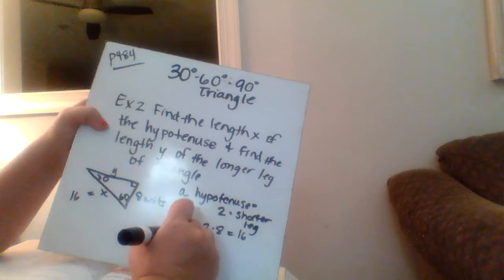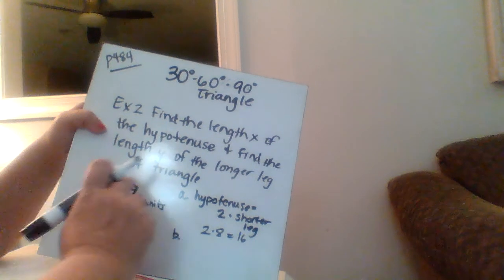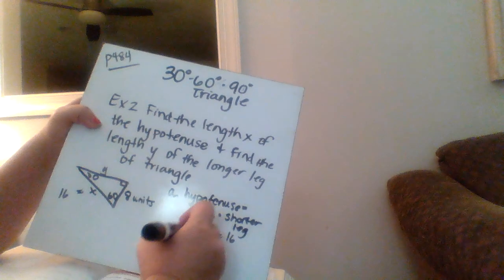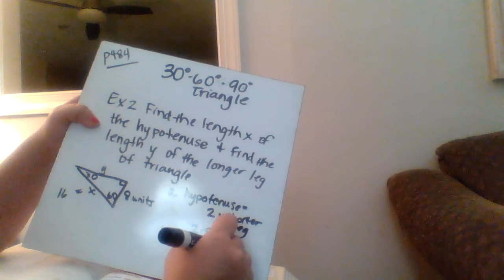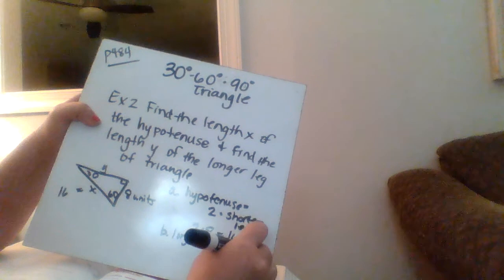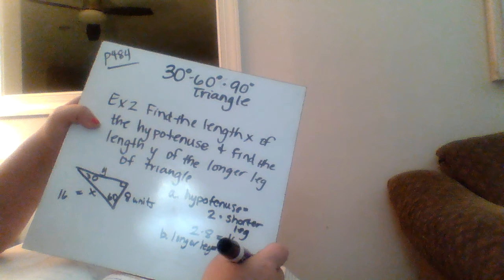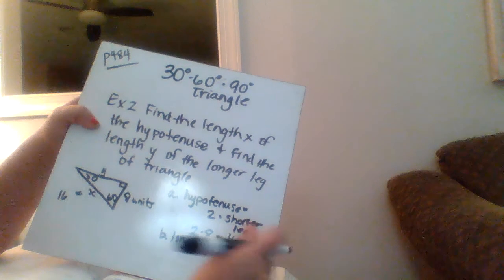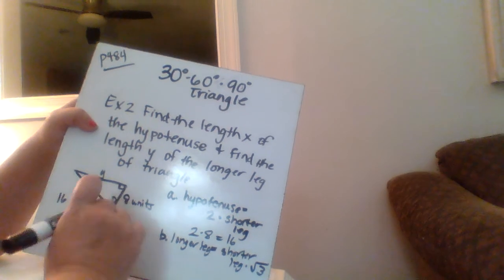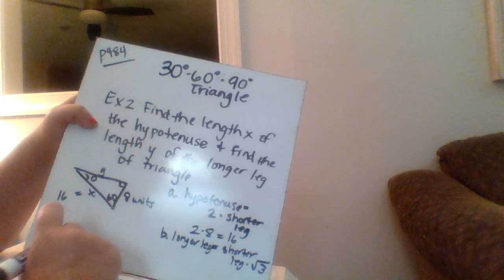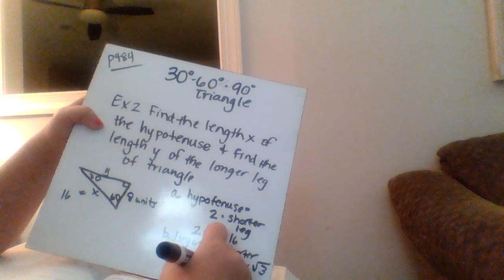And then, to find the length y of the longer leg, so we're looking for this length over here, the longer leg is going to equal the shorter leg times the square root of 3. Here we know that the shorter leg is 8, and we're going to just multiply that times the square root of 3.